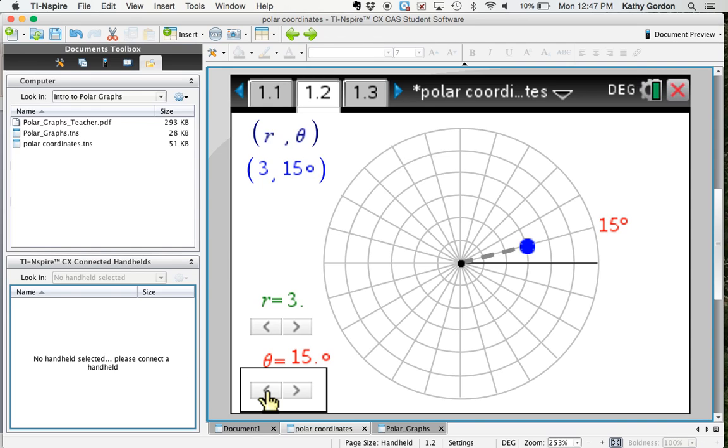Now, 15 is not one that's on the unit circle, but 15 is the greatest common factor of all of the angles that are on the unit circle. And so if we go by 15s, then we hit all of the other ones, the 30, the 45, the 60, the 90, and so on. Okay? So that's what those radiating lines represent.